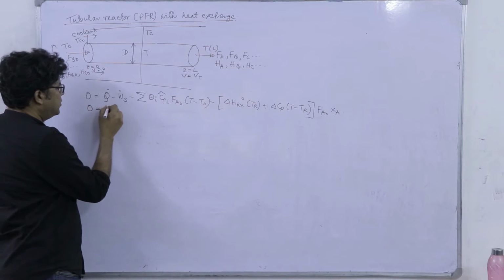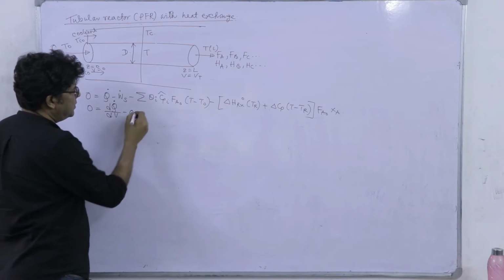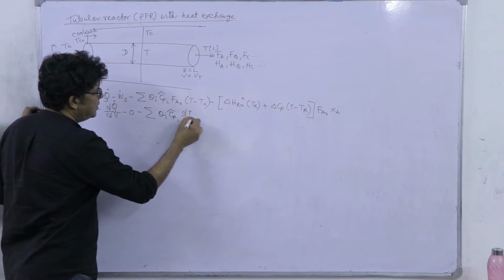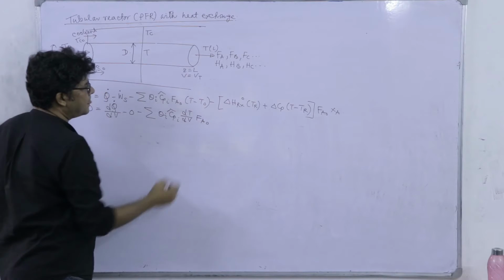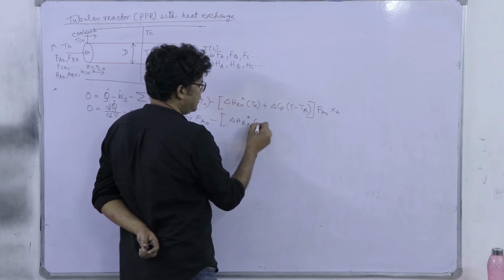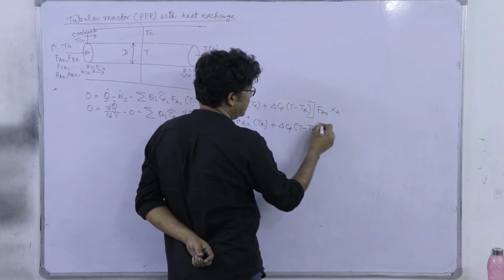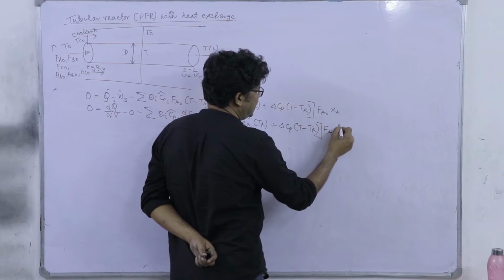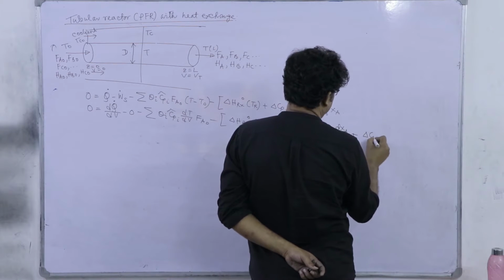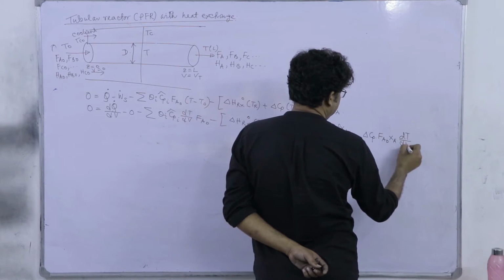So, 0 equals dq dot dV, and there will definitely be no W dot S term, minus summation theta I Cp I dT dV into Fa naught minus [delta H Rx naught at Tr plus del Cp (T minus Tr)] Fa naught into dXa dV plus del Cp into Fa naught into Xa dT dV.